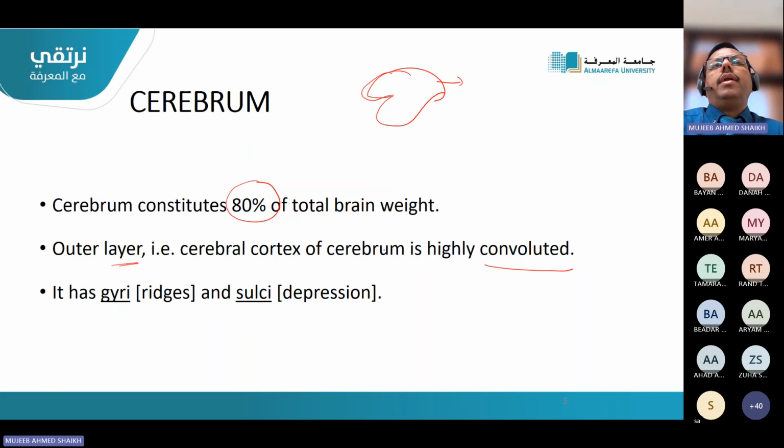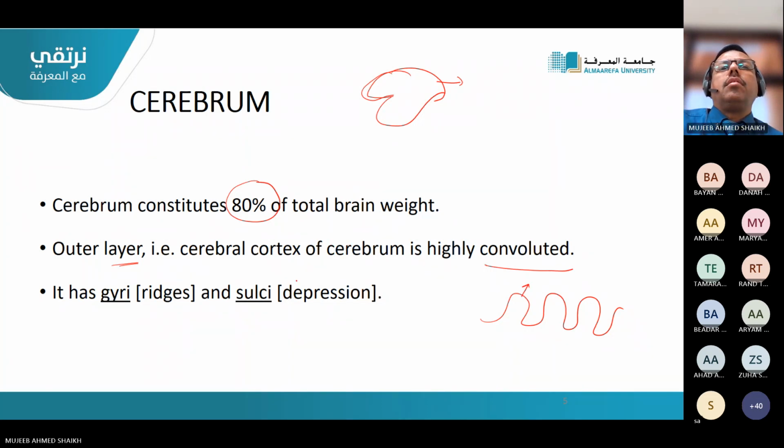It is highly folded. That's why you will see in the next picture that they are thrown into folds, where the one which is going up is like a mountain, and something which is in between the two mountains is what we call valleys.